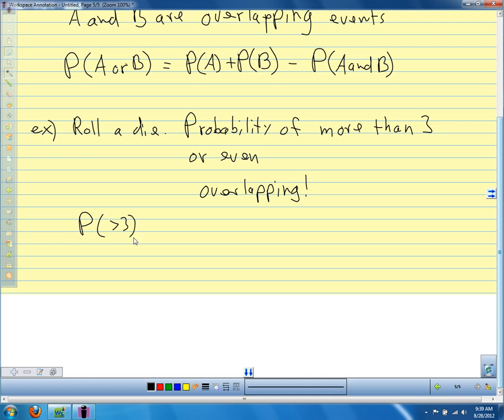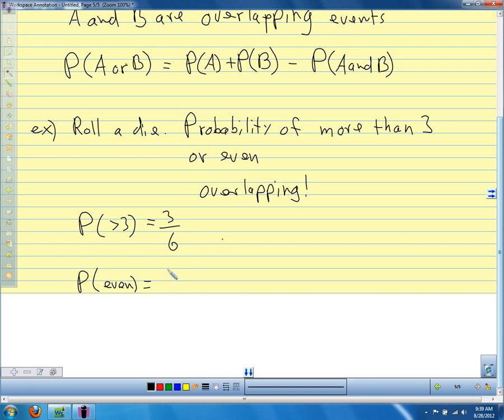So how many numbers on a die are more than 3? What's our favorable? 3. We have 4, 5, 6. So 3 numbers. How many ways can a die come up? 6. And because I'm adding, I'm going to leave it written as 3 over 6. I'm not going to reduce it. Probability of even. How many numbers on a die are even? 3. We have 2, 4, and 6.